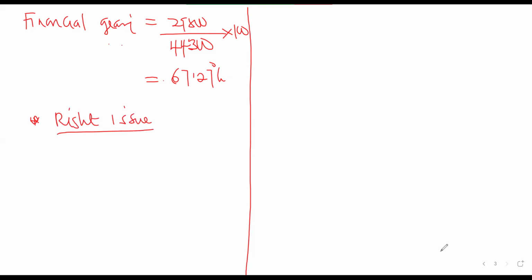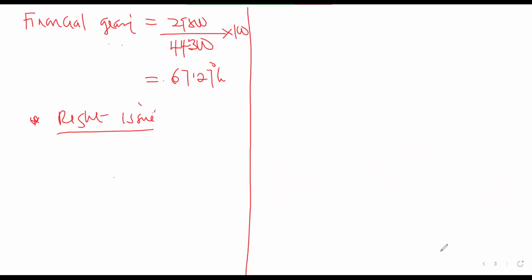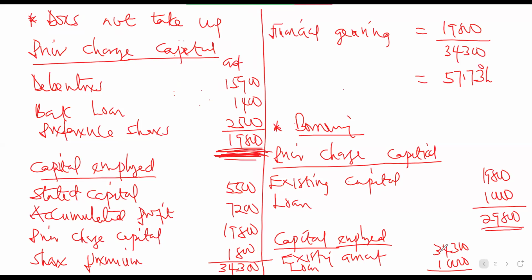If it is a rights issue, what will happen? What will increase? The number of shares. The equity value will increase. So our prior charge capital will still be the same, 19,800, because there is not going to be any increment in our existing borrowing.